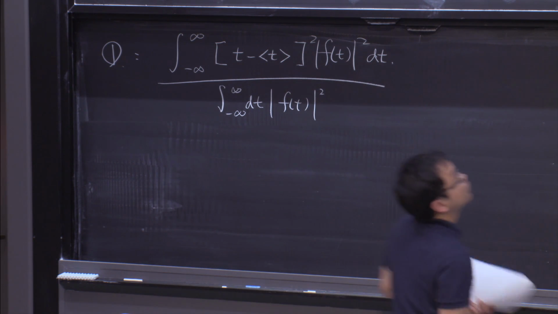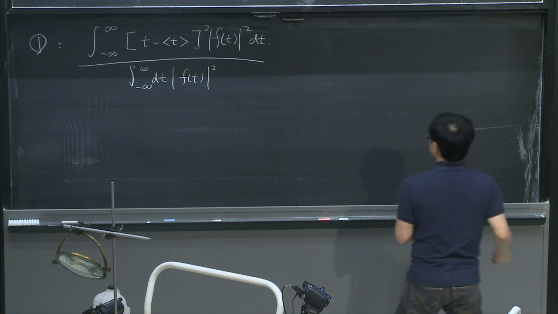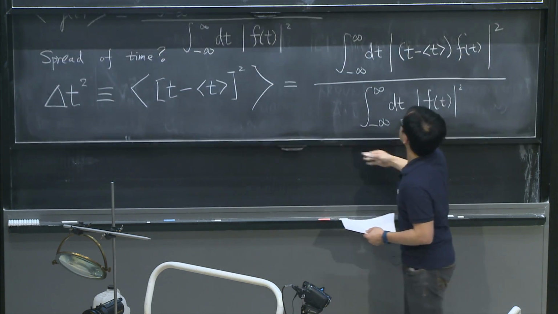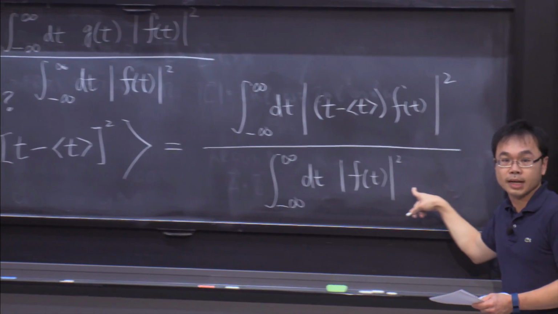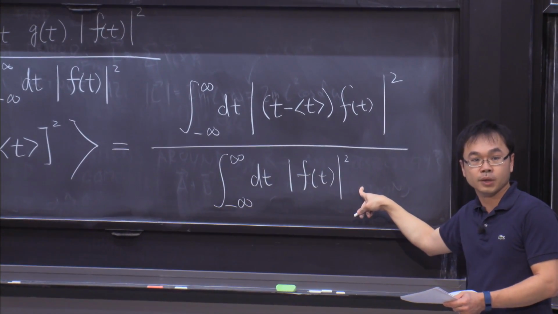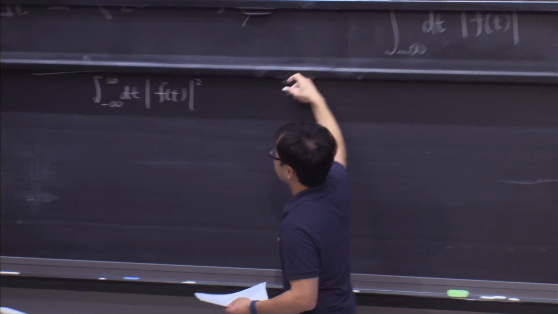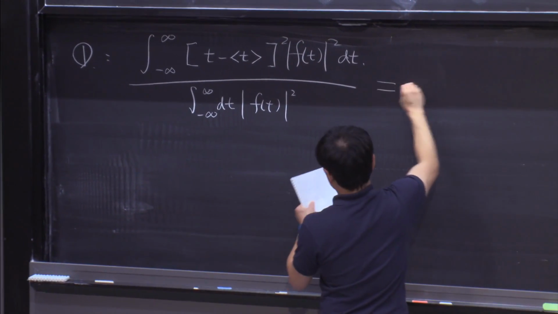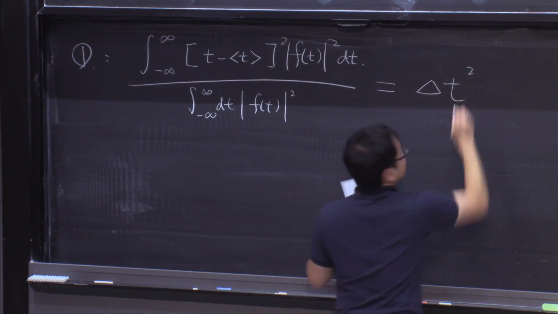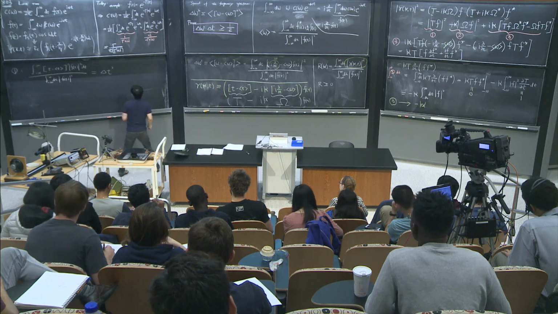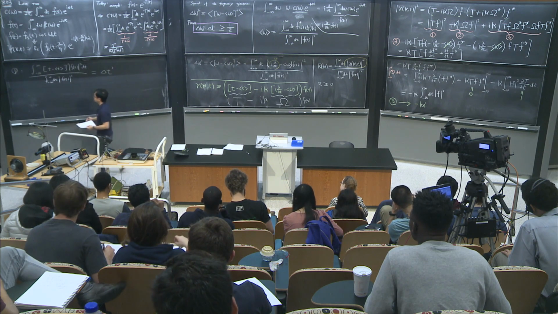This is actually not crazy at all, because this is just the definition of delta t squared. Just a reminder that the definition of delta t squared is written here. Therefore, the first term looks really strange there, but in reality, it's actually very simple.